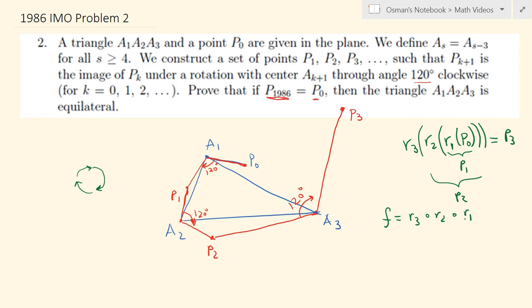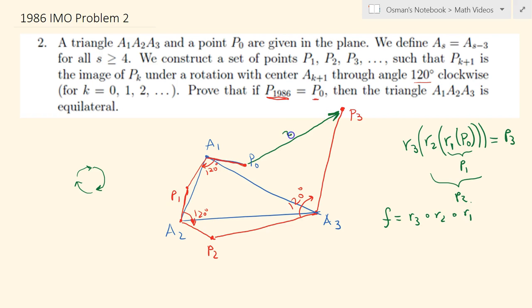This is in a sense function composition, right? So if you apply F to P0, for example, what you will get will be P3. Let me erase this last part. F is this function here, and my claim is that this is equal to a translation.